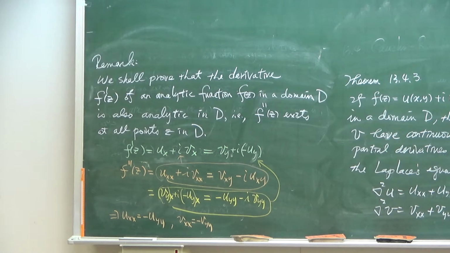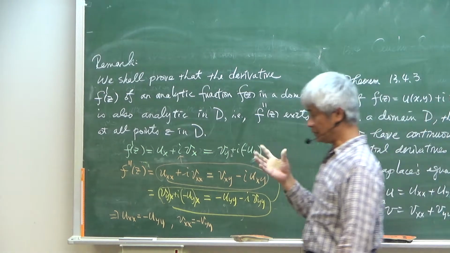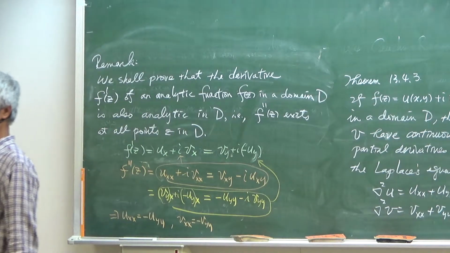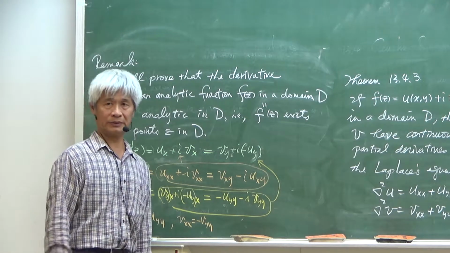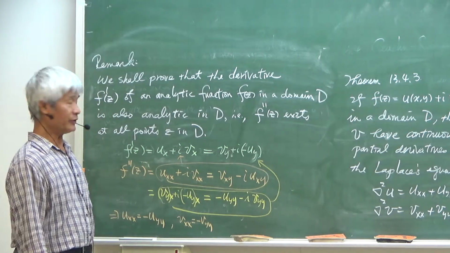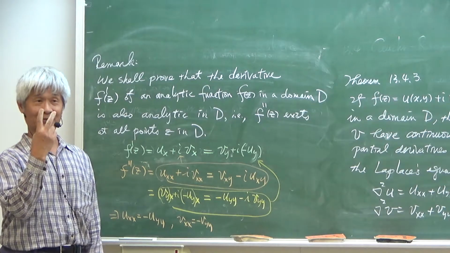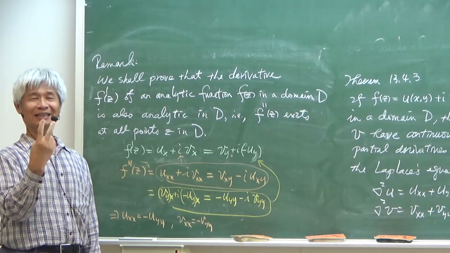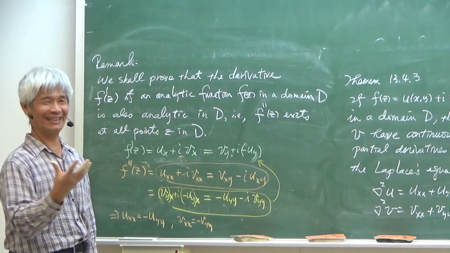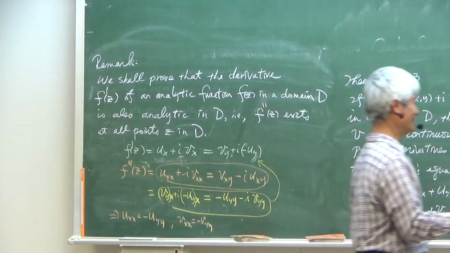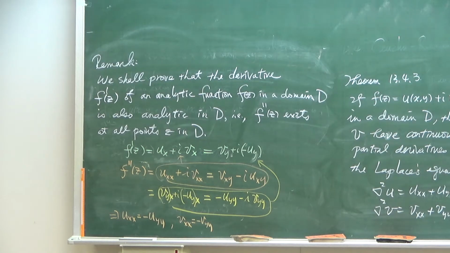So the Cauchy-Riemann equations are very important in complex analysis. They are very simple but important. You only need to memorize these two simple differential equations, and they are both first order. It's very simple, and you can derive a lot of things.